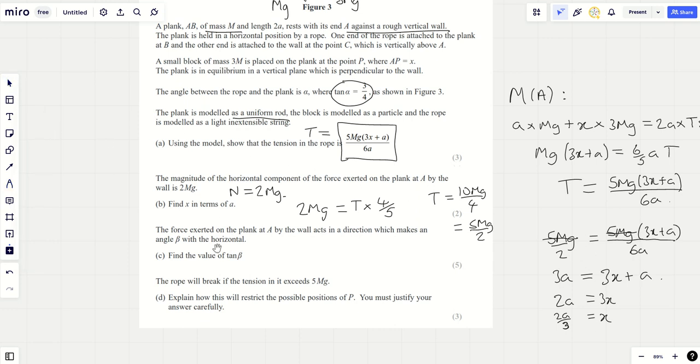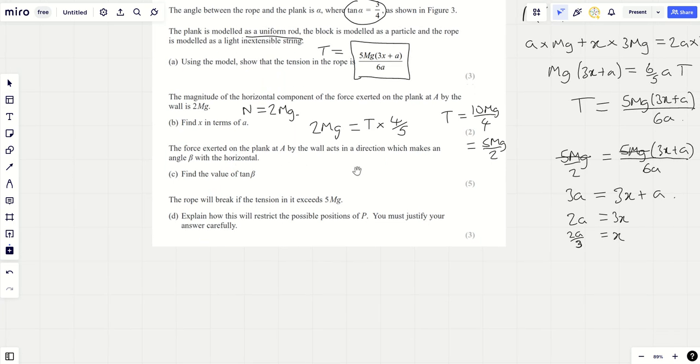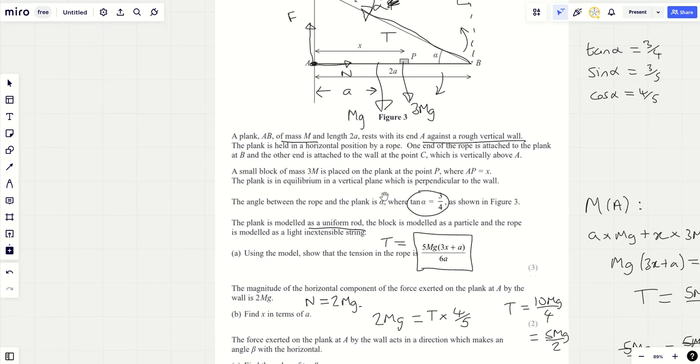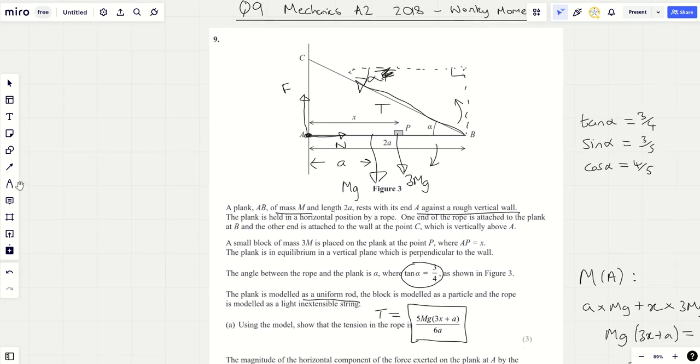Okay, the force exerted on the plank at A by the wall acts in a direction which makes an angle beta with the horizontal. Now, what they're saying here is that if you combine these two forces, let's put F on the end of N here. The force exerted on the plank by the wall is a combination of friction and normal reaction, and it makes an angle beta.